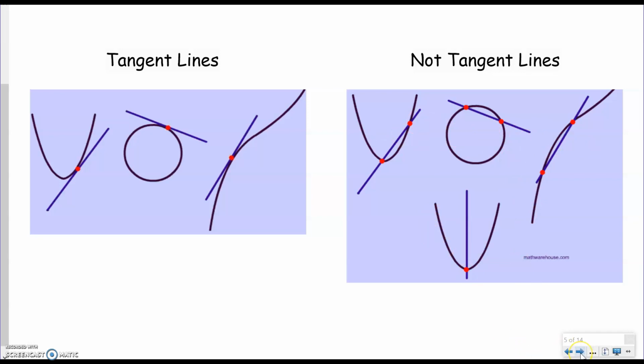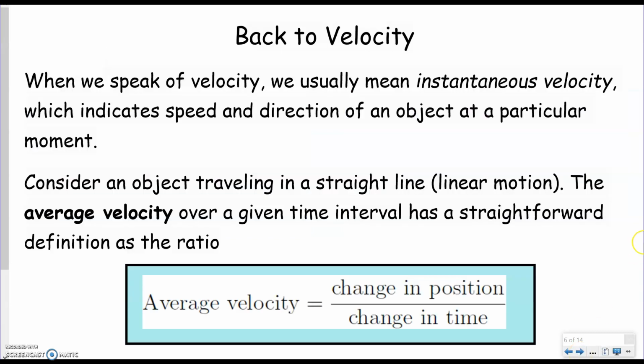But we are going to use tangent lines and secant lines to go back to our velocity conversation. So when we talk about velocity, we want to find average velocity. We're going to calculate the change in position over the change in time. It's very similar to the slope formula.